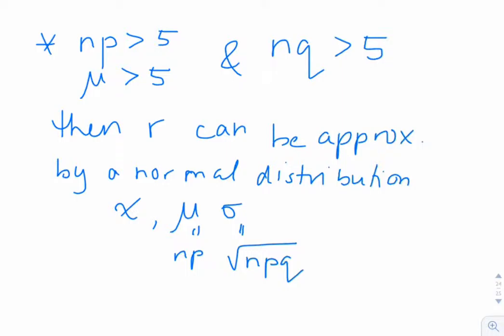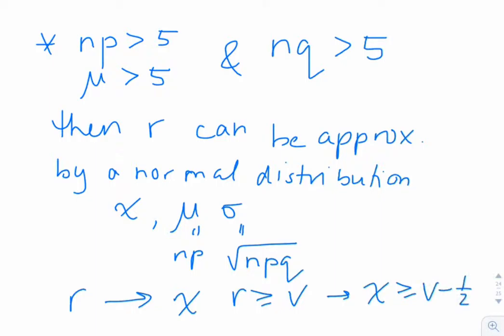The continuity correction from R to X: if R is greater than or equal to some value V, then X will be greater than or equal to V minus a half. And if R is less than or equal to V, then X will be less than or equal to V plus a half.